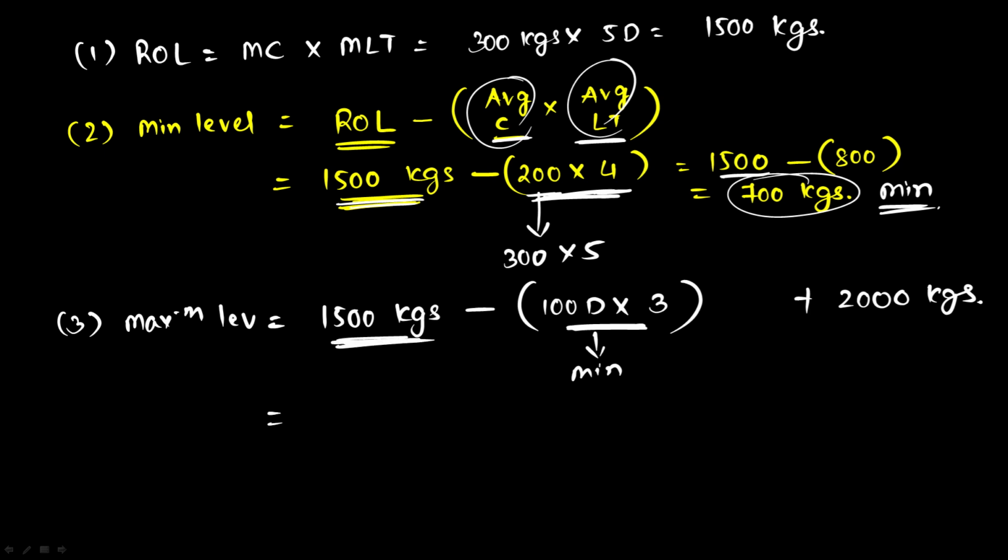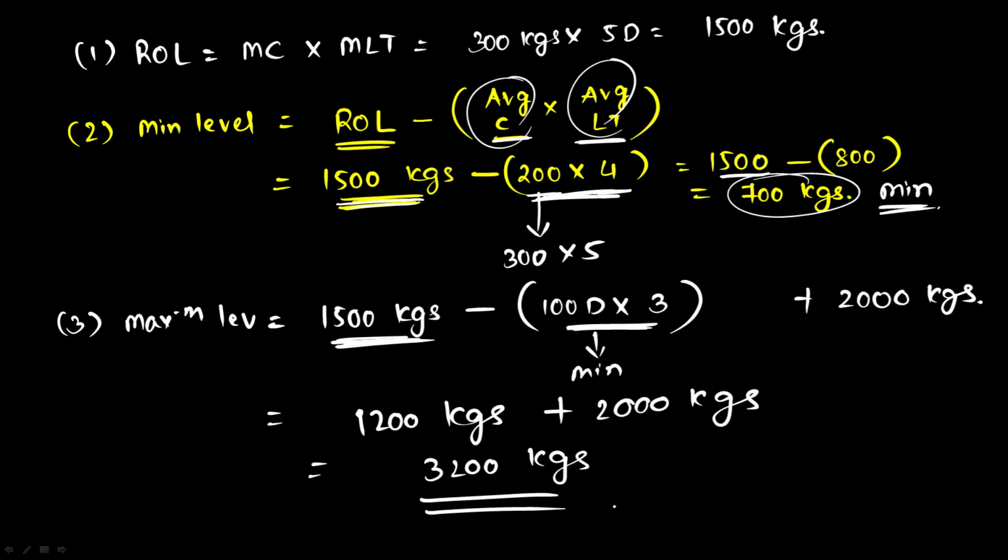So how much will be left from this 1500? 300 minimum is required, so 1200 kgs will be in my stock. And how much stock will be refilled? 2000 kgs. So maximum stock will be 3200. What is 1500 kgs? ROL.